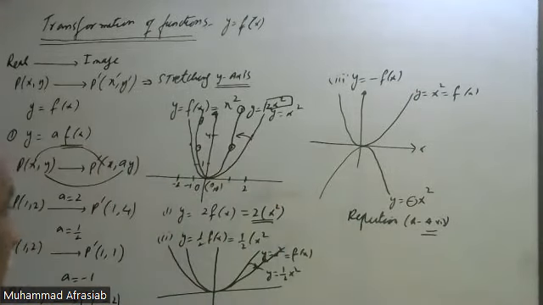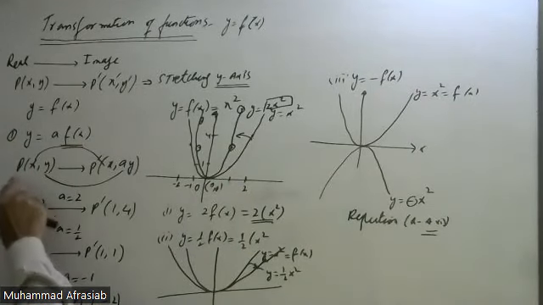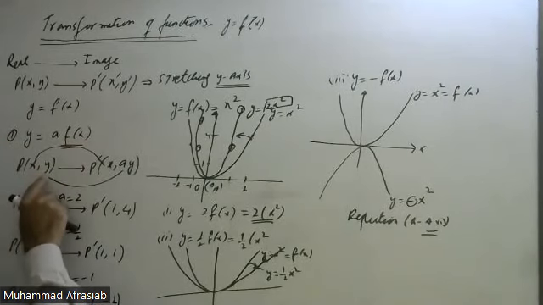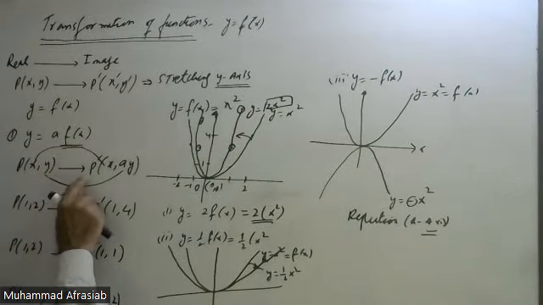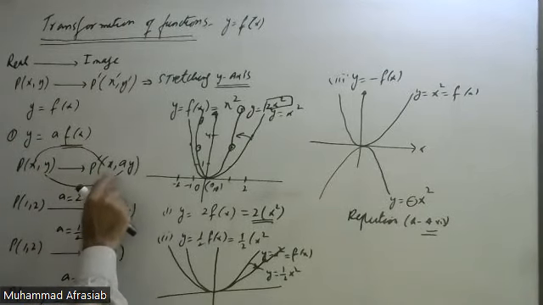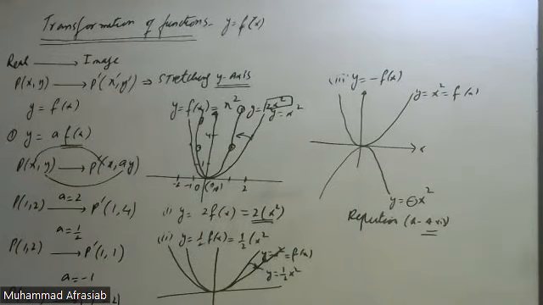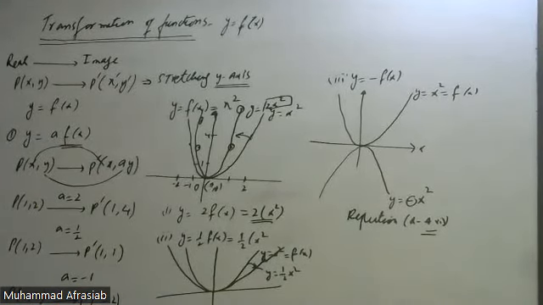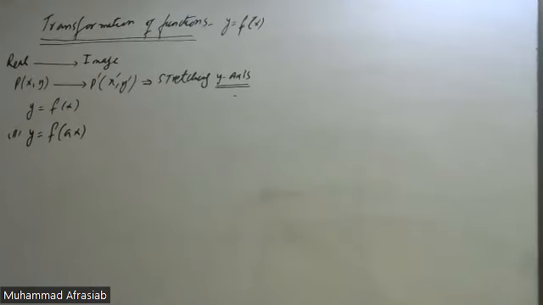So these are the 3 different cases which we are going to use for the property a f(x). If the point is (x, y), then the coordinates of the image will be (x, ay). Now y equals f(ax).